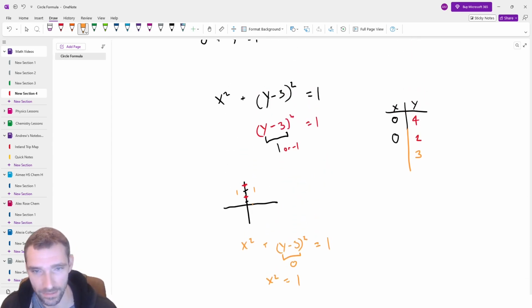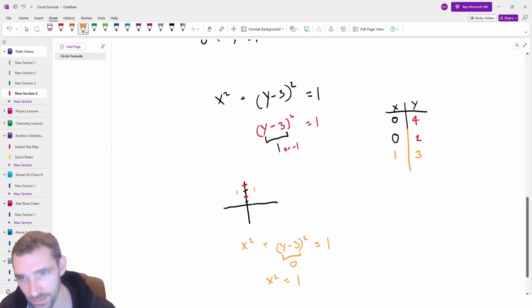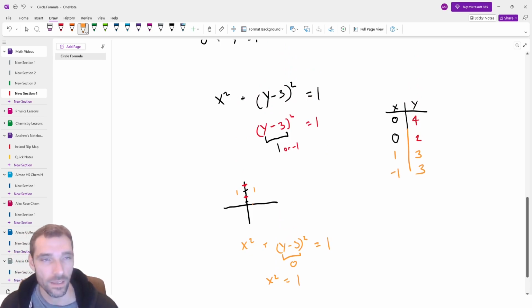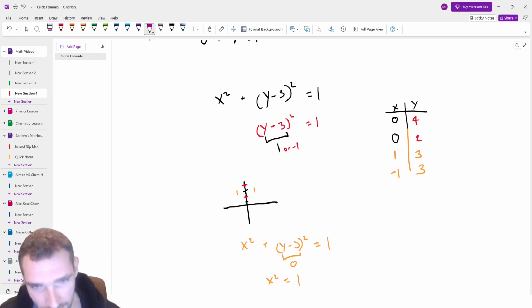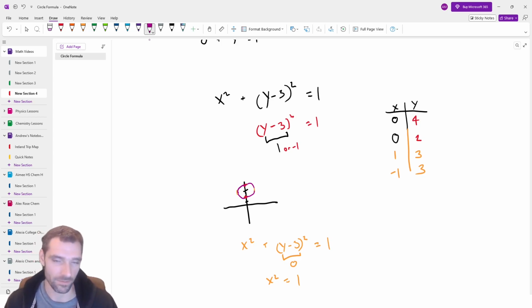In other words, x would have to be a positive 1, or it could be a -1. And in both cases, we're solving for x and y values that work together to give us an answer to this expression, this general form of this circle. So you can see how the math works.